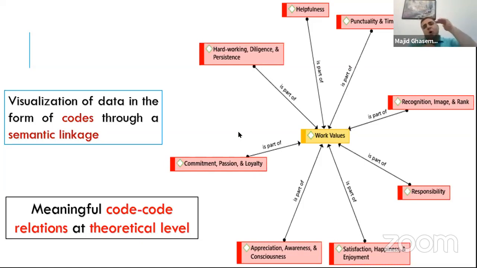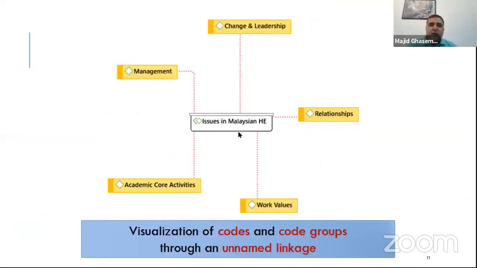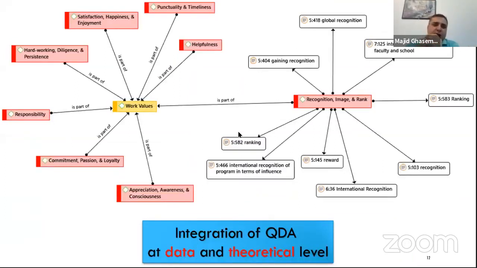When we are working with codes, it means that we are working at a theoretical level. Now here, if you look at this, you will see that we are integrating data and theoretical level with each other. Why? Because we have a network here, we have a central code, a few codes are connected to this, and the relationship is very clear how they are connected to each other.